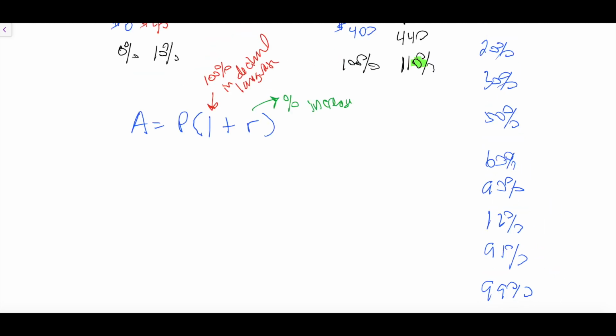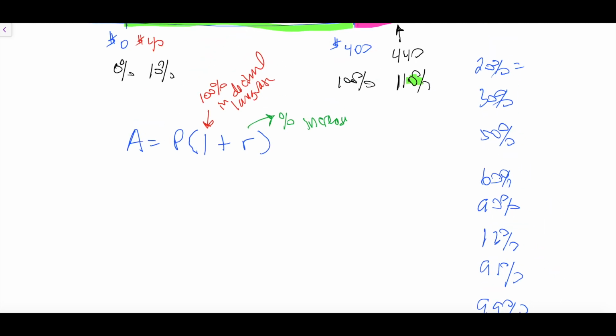What is 20% in decimal language? 0.2. I'll put 0.20. What's 30% in decimal language? 0.3. 0.30. What's 50% in decimal language?